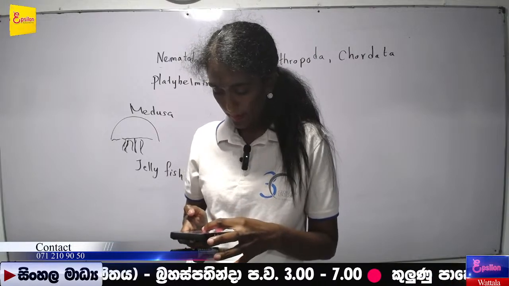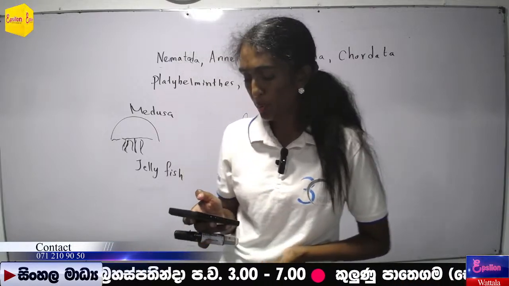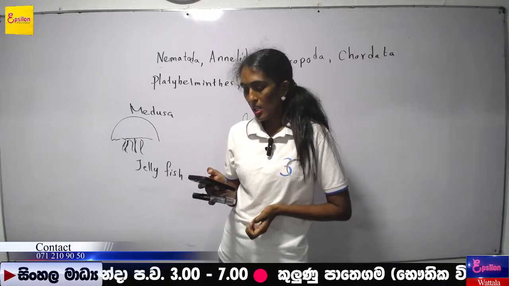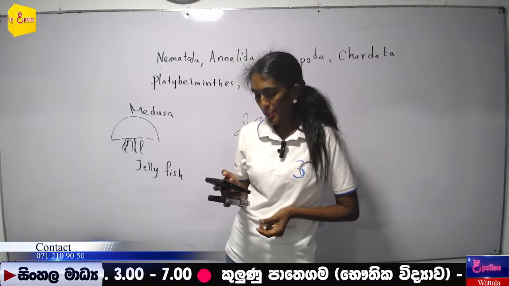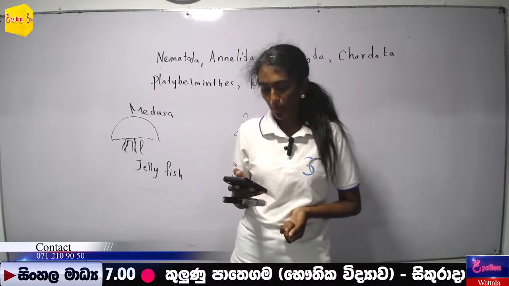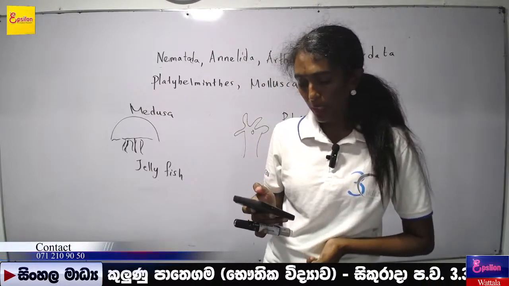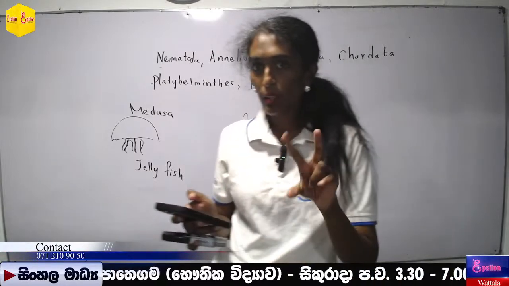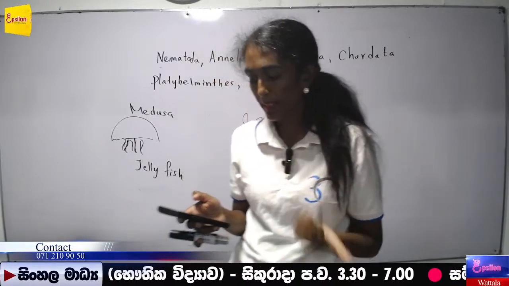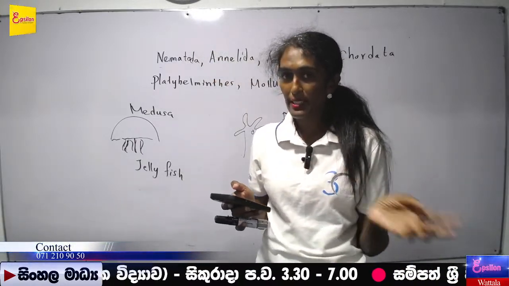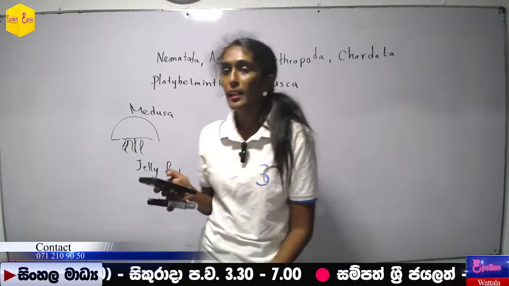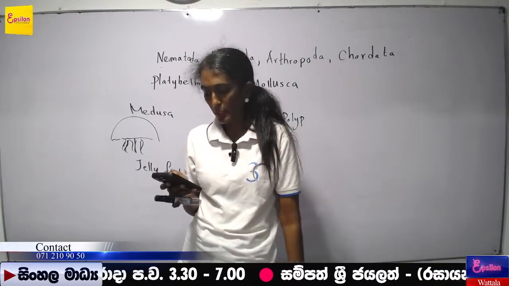Polyps, yeah, they show radial symmetry with two body forms, polyp and medusa. Polyps are cylindrical forms attached to the substrate by aboral end of the body. Tentacles are found around the mouth. We can see, hydra and sea anemone both are having tentacles around the mouth. The difference is hydra is having only one ring of tentacles around. The sea anemone is having more tentacles around the mouth.